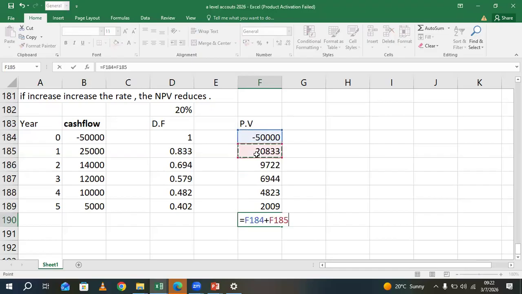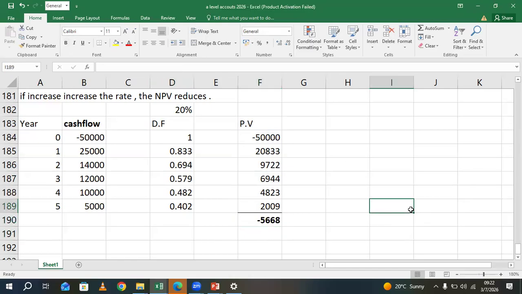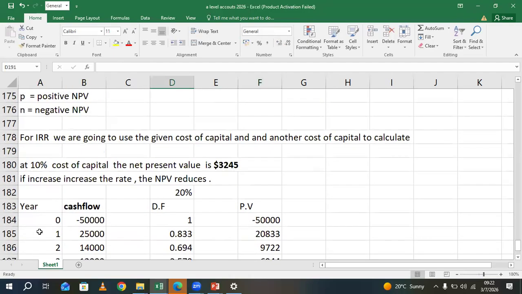The net present value. So our net present value is negative. If it is positive, it means for the rate here, choose a higher rate. So in this case, we now have our negative NPV.